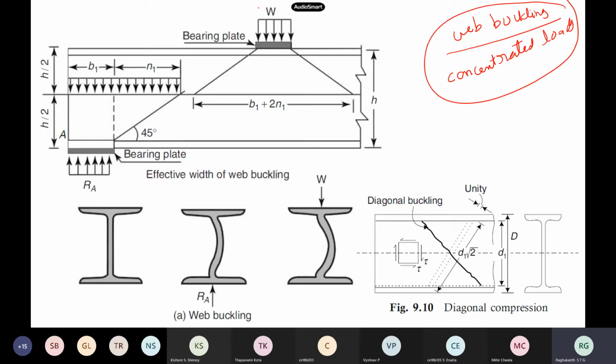So generally when you have an applied concentrated load, because the load is concentrated at a point, below this portion there is a chance the web may buckle something like this itself. And concentrated loads are the most dangerous things in our mechanics.